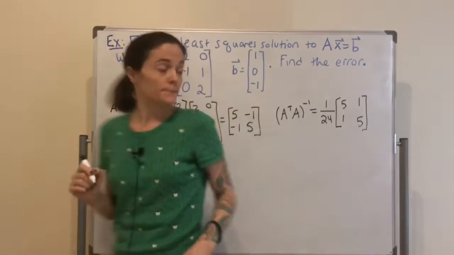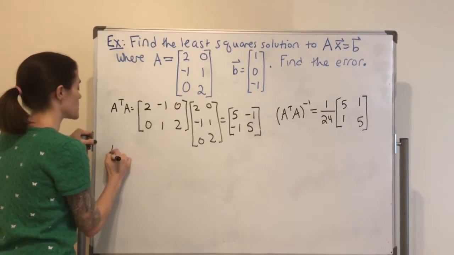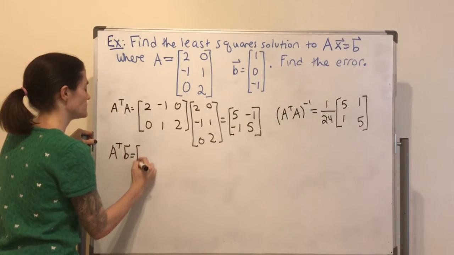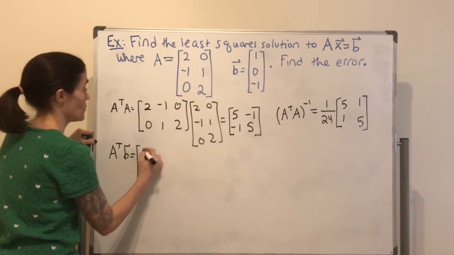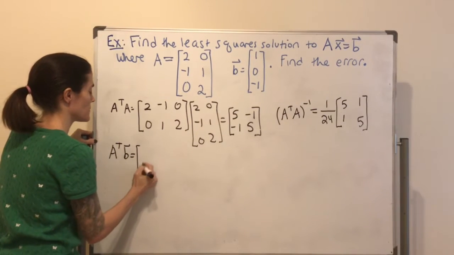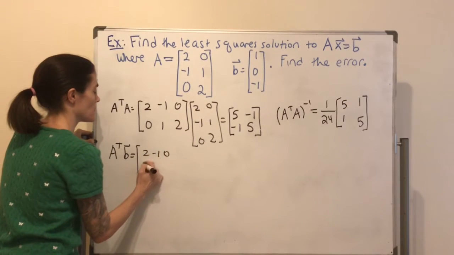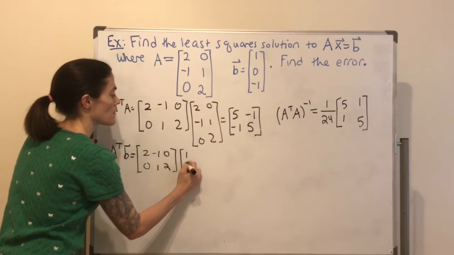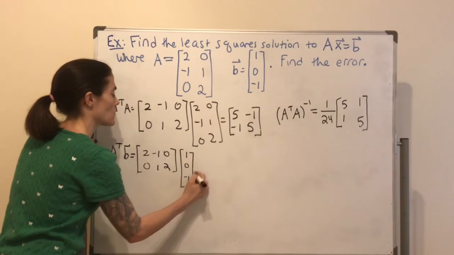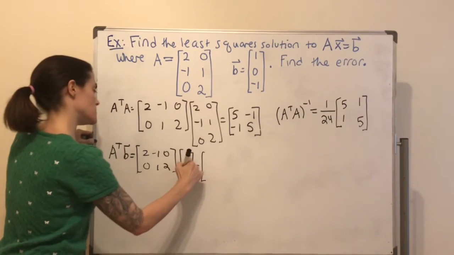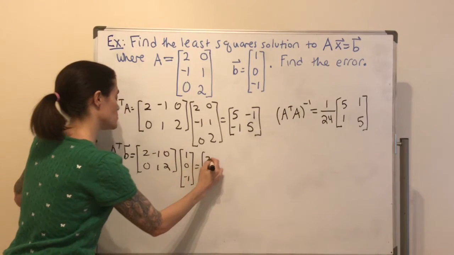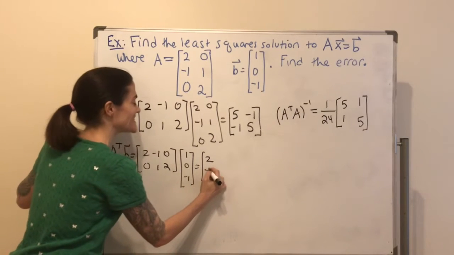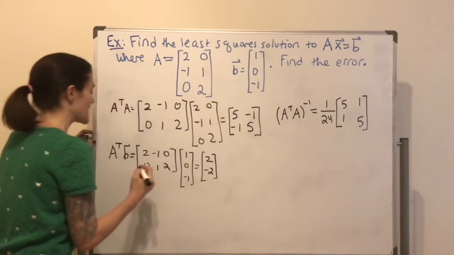Okay, very nice. Now we need this vector, A transpose B, which is here, and here we get 2 and minus 2. Okay, so we'd like to solve.